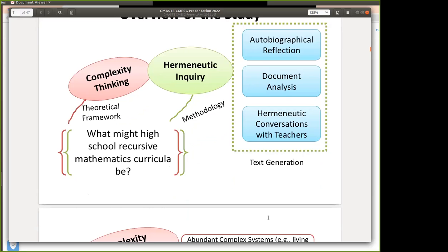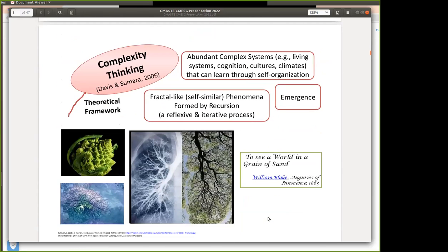And complex thinking is a point of view, a way of thinking, and it looks at the world as full of abundant complex systems. A complex system is a system that can learn and adapt through self-organization.